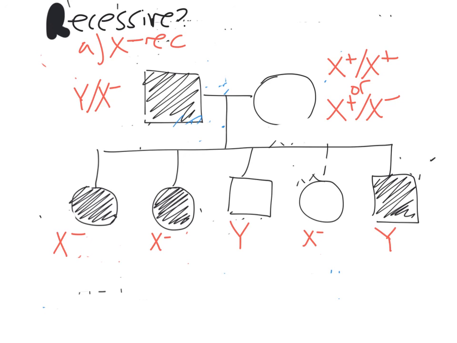How did the affected son show up? This guy over here on the end. What's his X chromosome allele? Minus. So that had to come from mom. So mom has to be a carrier.